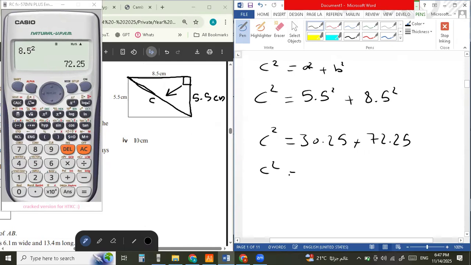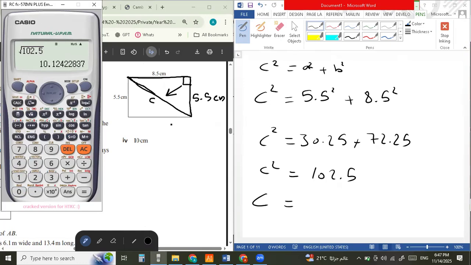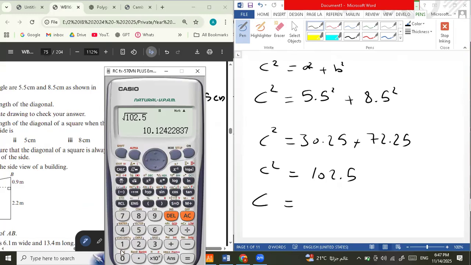So C squared equals exactly 102.5. Find C. So the square root of 102.5 equals 10 point, a lot of numbers. Did they say to round your answer?